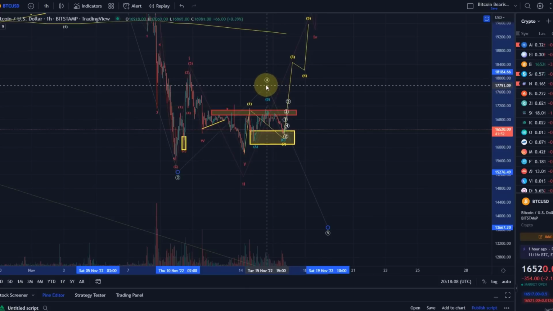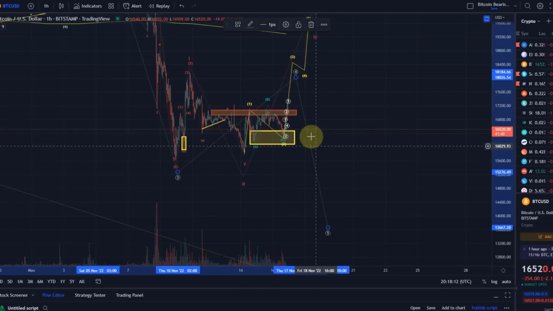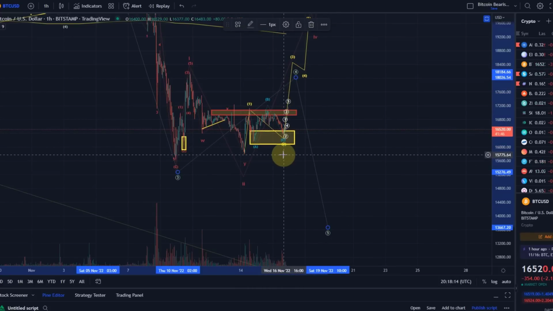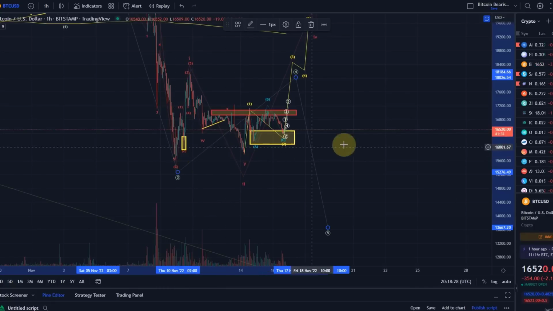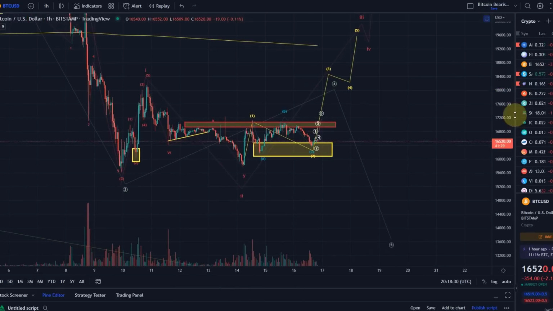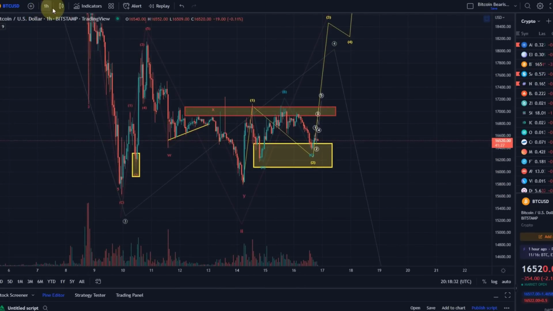The evidence that we are breaking down would be a low below the 15,775 level. If we break below this low, which was put in on the 14th of November, it is very likely that we're also going to lose the low from the 9th of November, which was around 15,640. But as I said, as long as these support levels are holding, we can focus on higher.